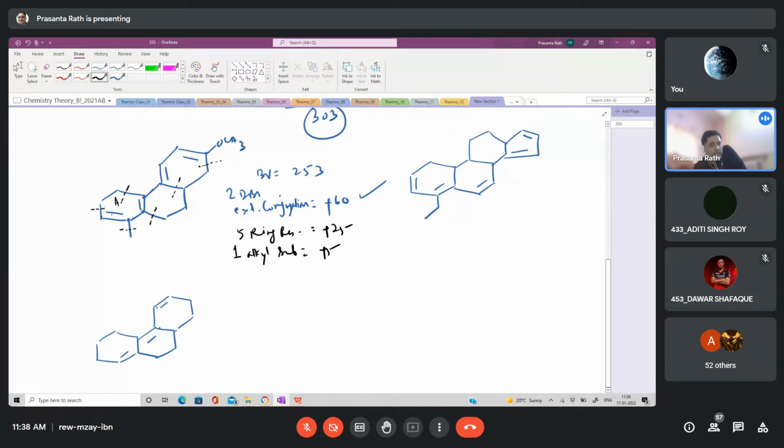Suppose you mark it ring A, this is ring B, this is ring C. So this double bond is actually endocyclic with respect to C, but this is exocyclic with respect to B. You can see of the two carbons, one carbon is in B, the other carbon is outside B. So this particular double bond, this one, is exocyclic with respect to B. So one exocyclic double bond with respect to B, that is plus 5. And you can now add to get the final value.